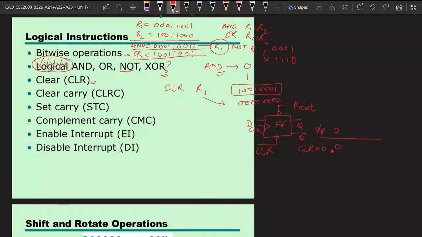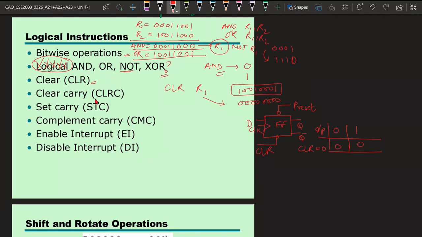If we do the clear, it will be making it 0. If the output of the flip-flop is 1, then again we are going to make the clear signal as 0. Then output will be switching to 0. So whenever we are going to do the clear, it will be resetting the value of the register content. It is similar to the clear signal that is activated inside the flip-flop.